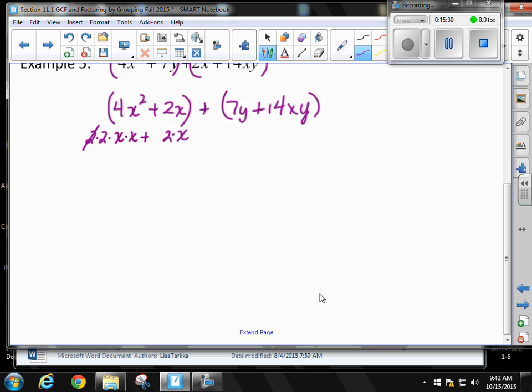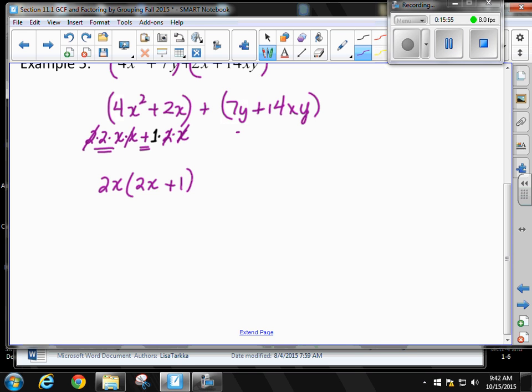When I look now, they both have 2x as a common factor, and what I'm left with is 2x plus, and there's nothing left there, but remember, 1 is always a common factor. Even if it's not written there, 2x is the same as 1 times 2x, so what's left there is the 1.